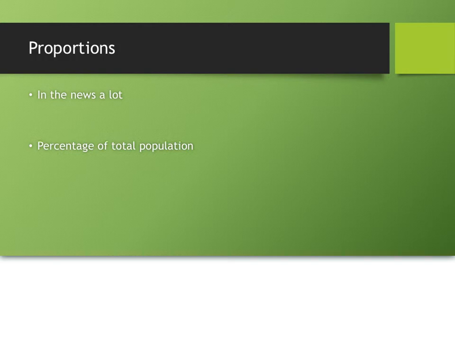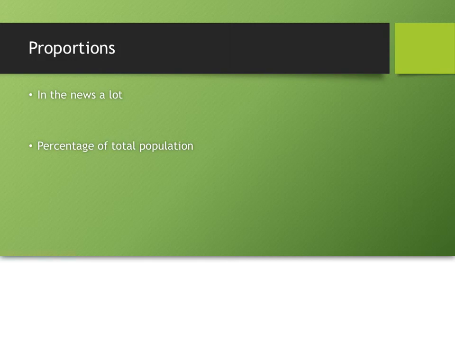Now we'll also look at a little bit of proportions and things like that. They're in the news, not a lot, so I'm just going to mention them. Proportions are just the percentage of the total population. A lot of times, data is given by proportion.